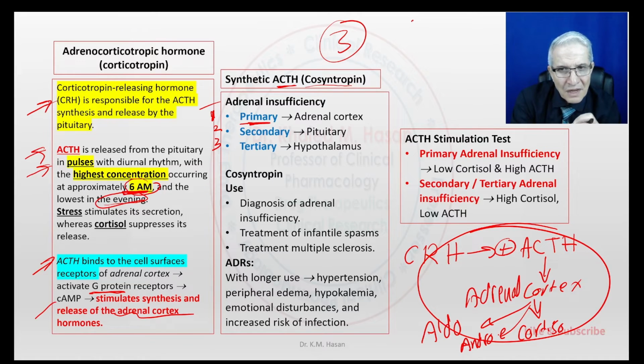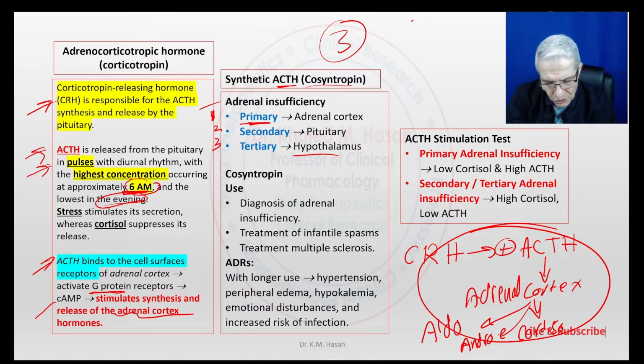So when you have primary adrenal insufficiency, the disease will be located in the adrenal cortex. When you talk about secondary adrenal insufficiency, the disease will be limited to the pituitary gland. Tertiary adrenal insufficiency, we talk about the hypothalamus. So we have 3 types of category: primary, secondary, and tertiary.